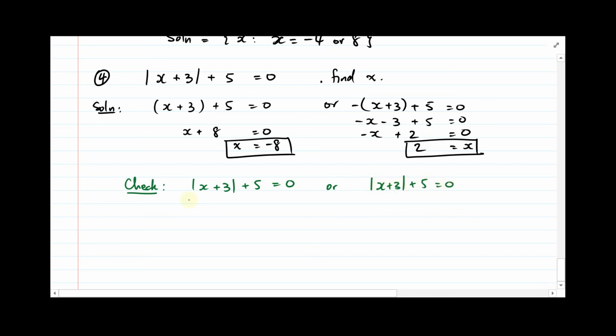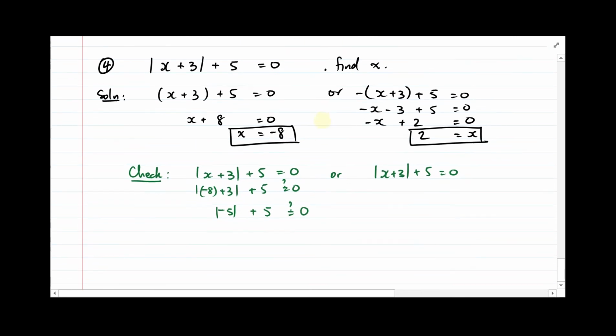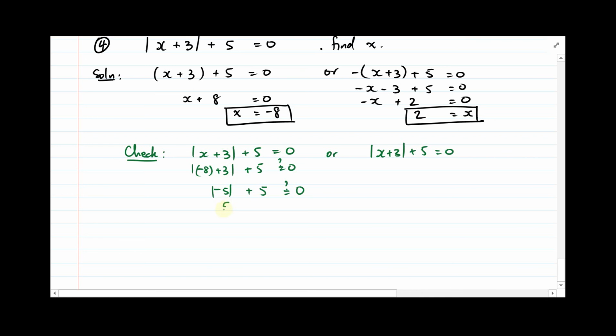If I put in negative 8 here, negative 8 plus 3, we end up with the absolute value of negative 5, and asking, is this sum here equal to 0? What do I get? Anybody see it? So I have 5 plus 5. Is this equal to 0? 10. It is not equal to 0. So it turns out that x equals negative 8 is not a solution.